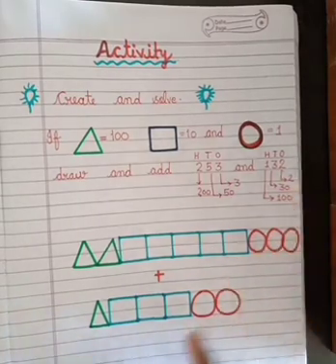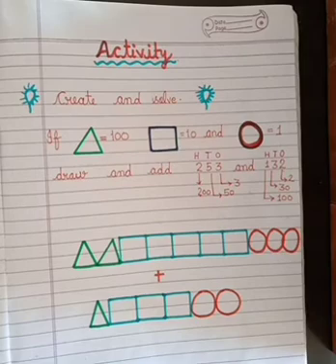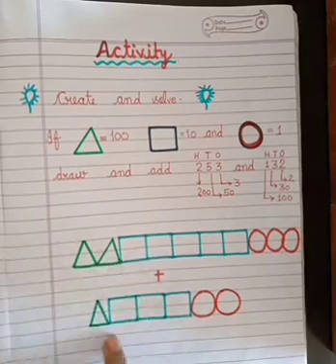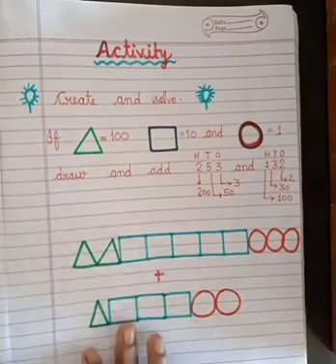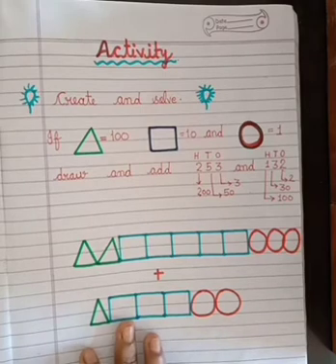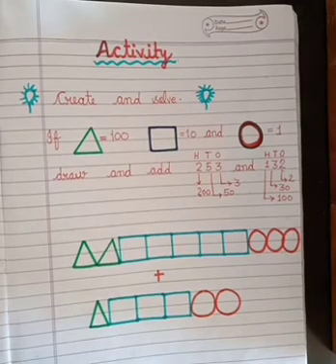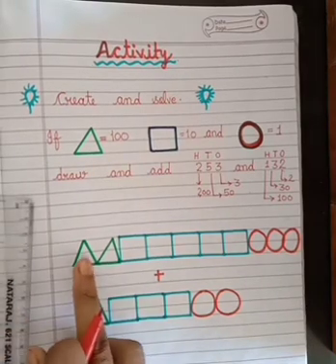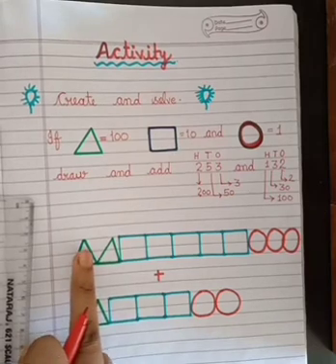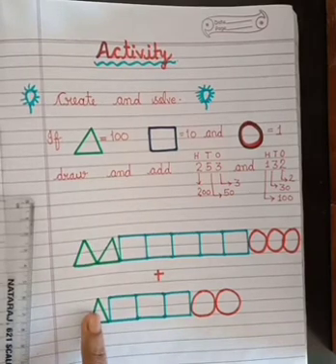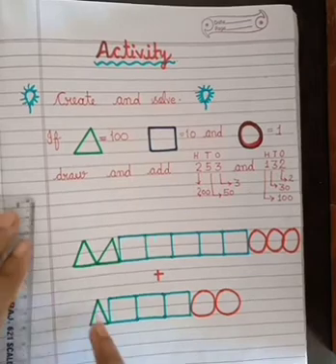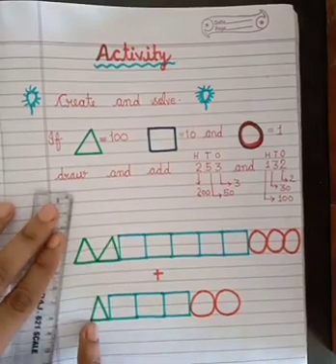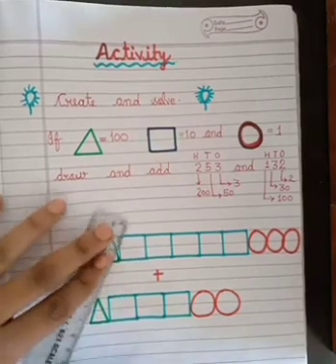So now we will add these two. 2 and 1 is equal to 3. 2 triangles plus 1 triangle is equal to 3.